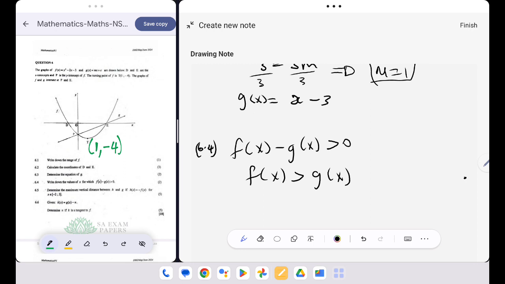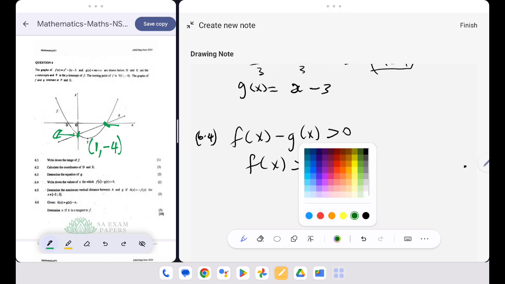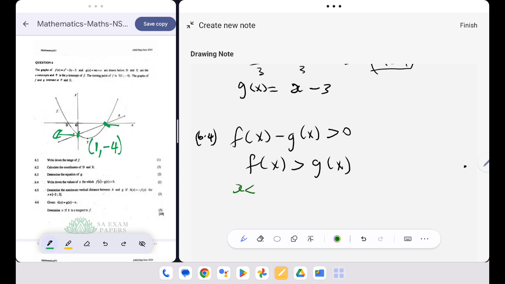In simple English, they are saying for which values of x is the quadratic function above the linear function. If you check from here, moving to the left, the quadratic function is above the linear function. And if you check from here, moving to the right, the quadratic function is above the linear function. So to answer this question, I'll just say when x is less than 0 or when x is greater than 3.